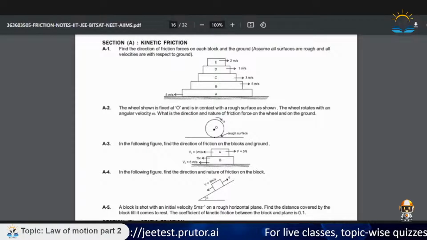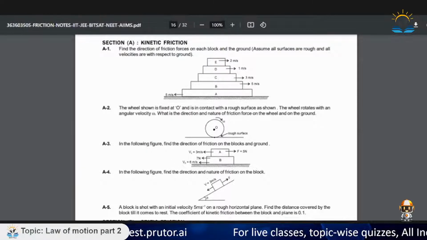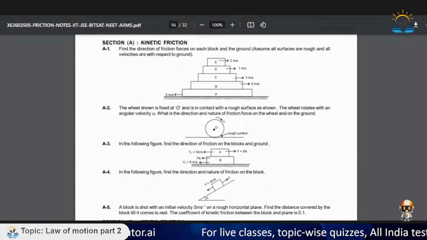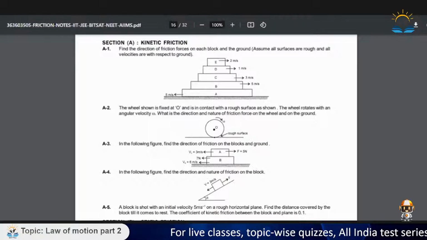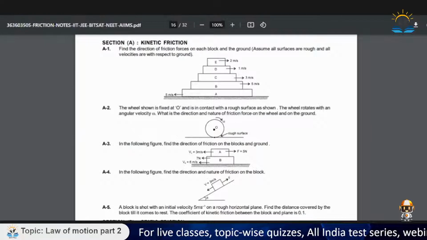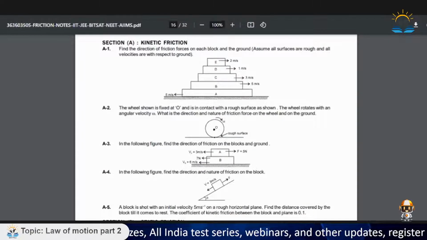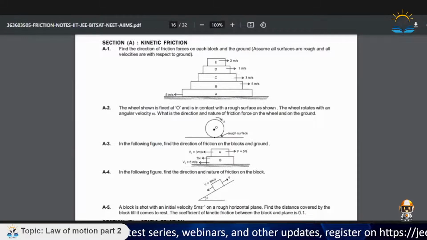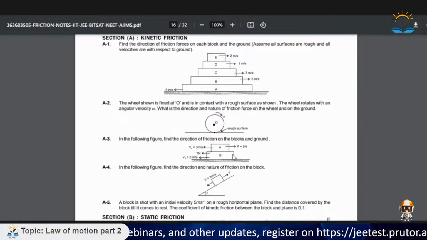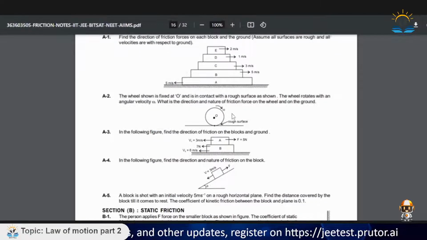So at the time of solving the questions, we will assume that the friction might be acting backwards, and with this backward direction we will solve the question. After solving, if we get the value of friction as a negative value, then we will say the magnitude of the friction is what we have got, but the direction of friction was in the forward direction. So this was the case of rolling friction.